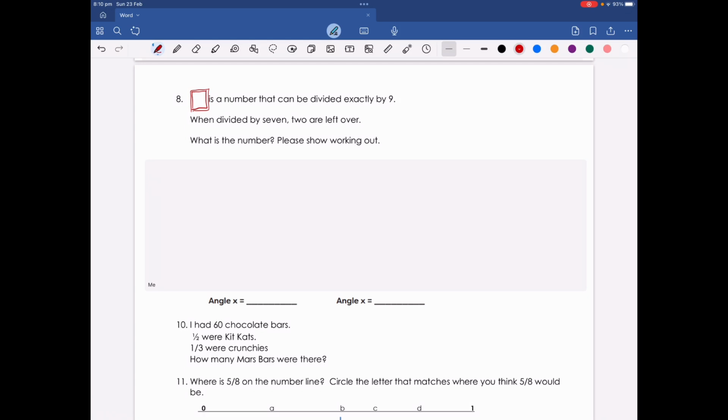So if we think of what our 9 times pattern looks like, we do 9, 18. I want you to take notice of what happens to the first number and the second number as I do this. So we've got 1 and 8.